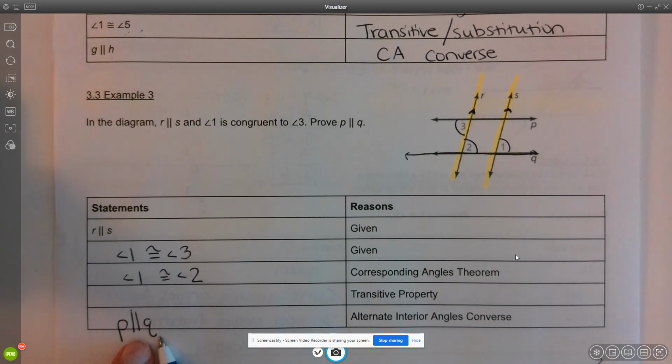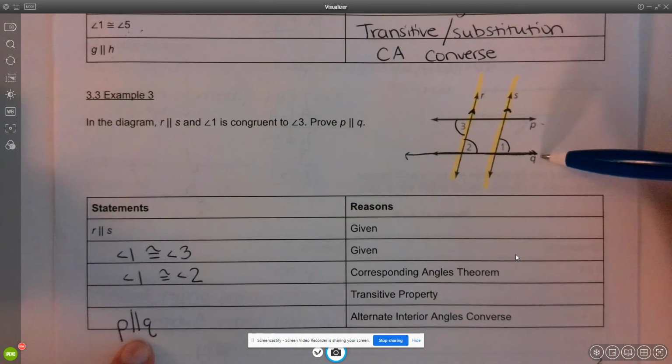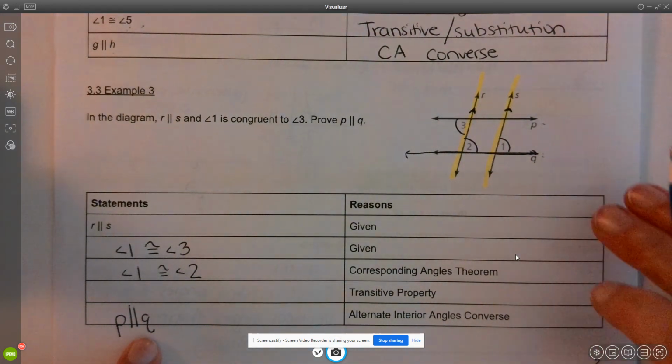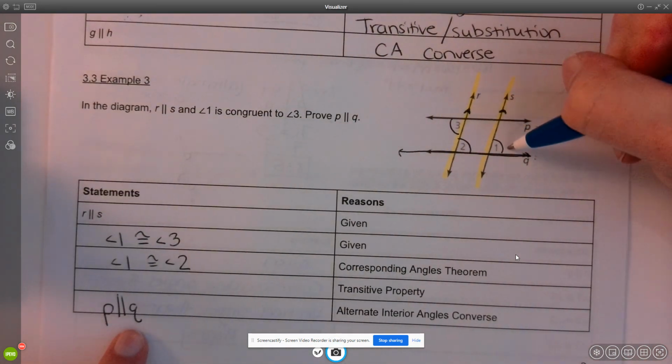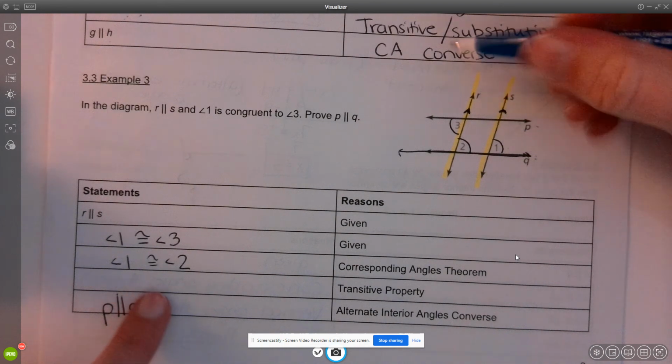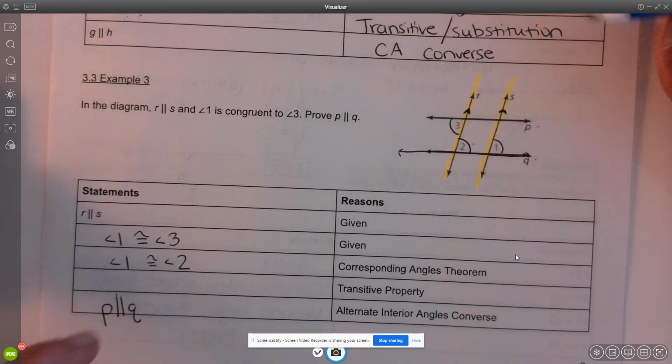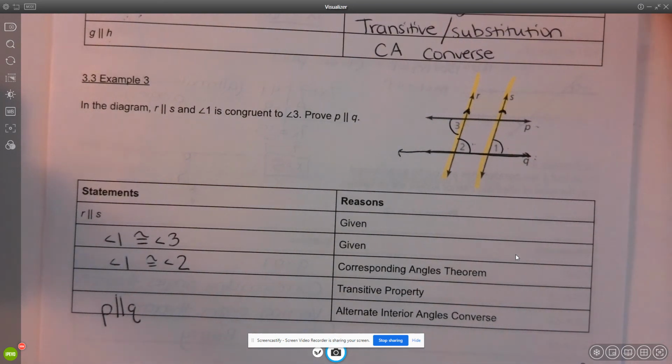So now remember, our goal is to prove that P and Q are parallel. So our goal is to try to prove something about angle 2 and angle 3, okay? We're interested in, are these guys congruent?